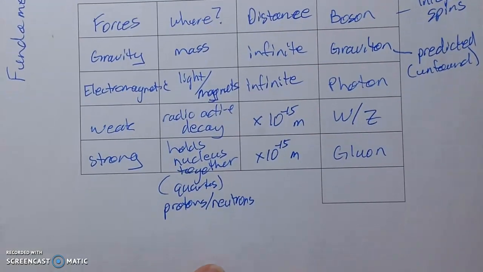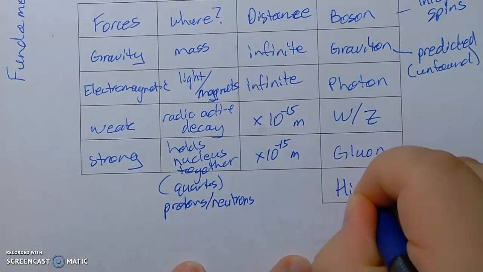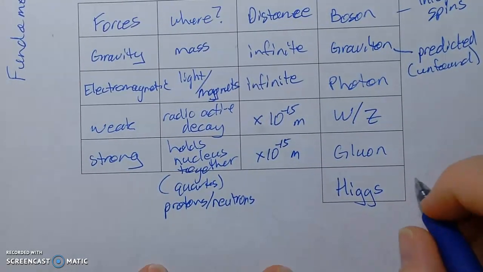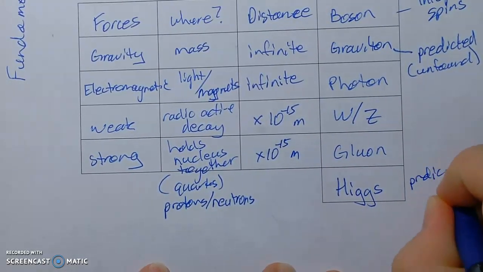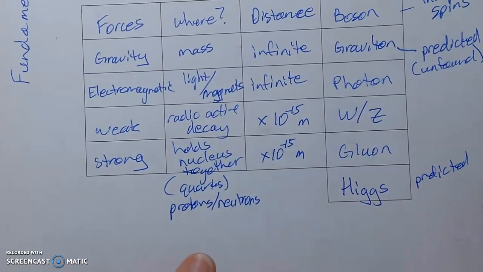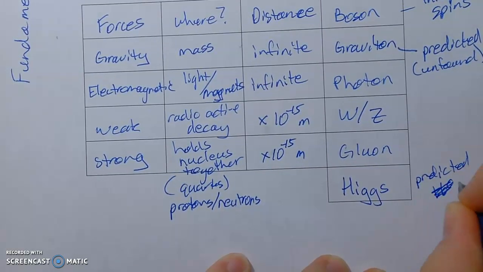Another particle that was a big deal, what they called the God particle. They thought this was part of what helped form the universe. It's called the Higgs boson particle. It was predicted, and they even started using it in calculations back in the 1960s.